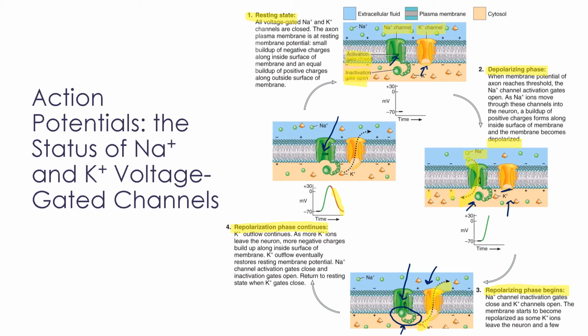And once that gate closes, then this inactivation plug will also be removed. Now, once all the potassium gates are closed, then the resting state is returned back to normal, and we return back to the initial state.